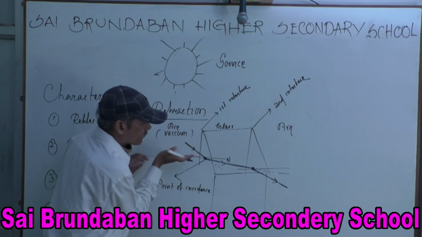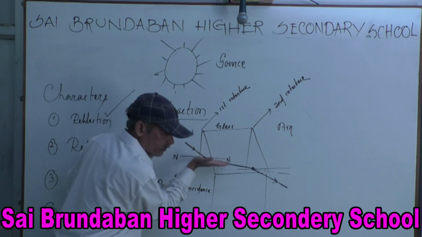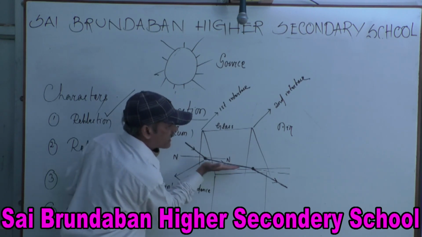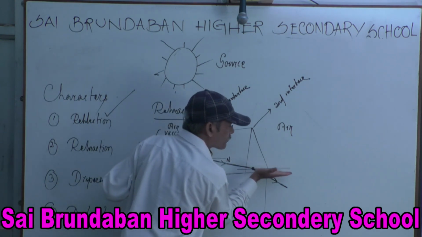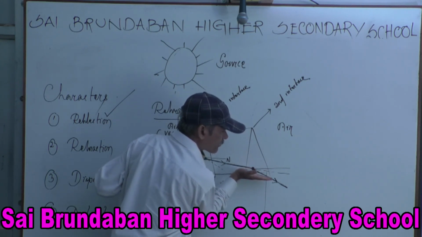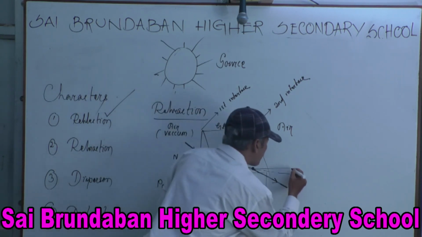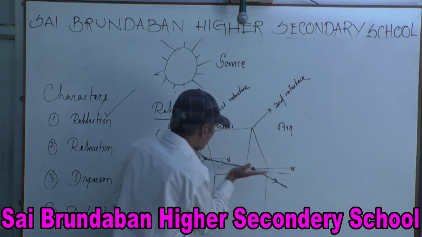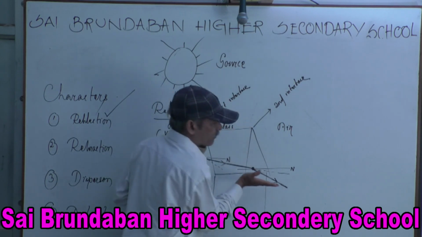Here you see there is a deviation. The ray is supposed to go in this direction, but it deviates towards the normal. And here, it's supposed to go in this direction, but deviates away from the normal. Here the deviation is towards the normal. Here the deviation is away from the normal. Here the deviation is towards the normal. Here the deviation is away from the normal.